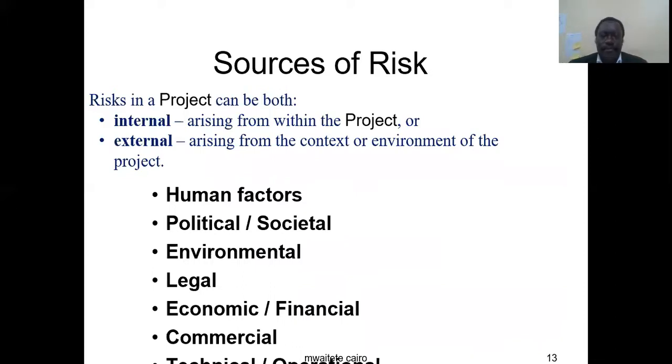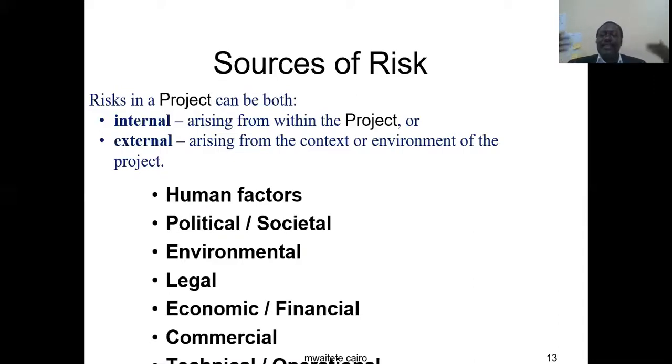What are the sources? The sources of risk in a project can be from internal and others can be from external. And they will depend on human factors, political factors, environmental, legal, economic, financial, commercial, technical, operational, just like the way I have said in the other chapter.